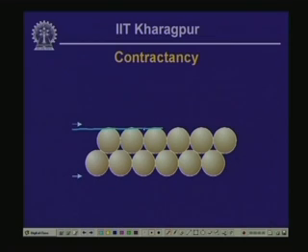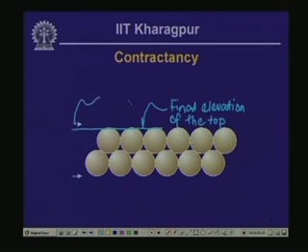So this is the final elevation of the top, and the arrow noted on the screen indicates the original top elevation.